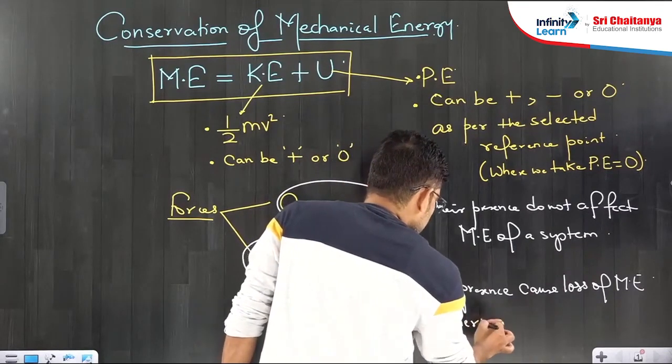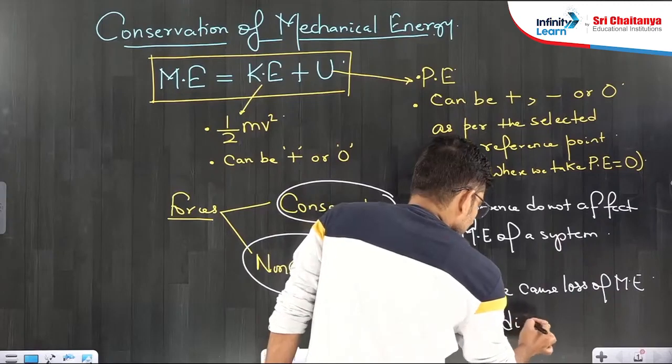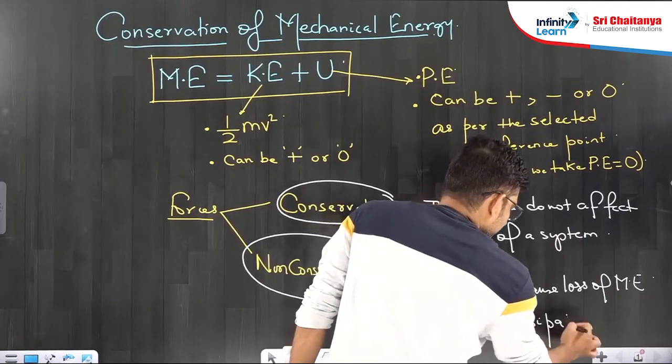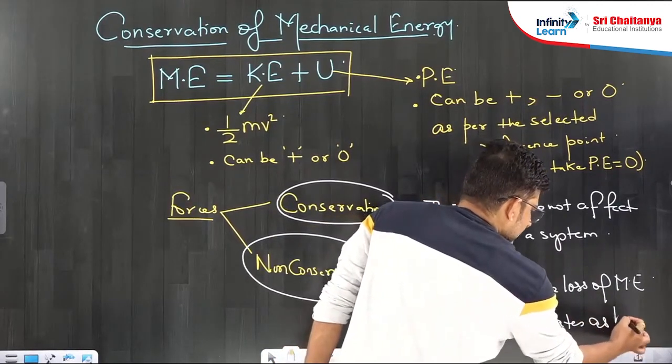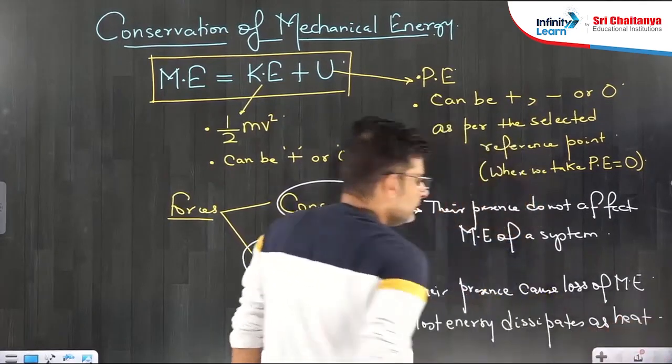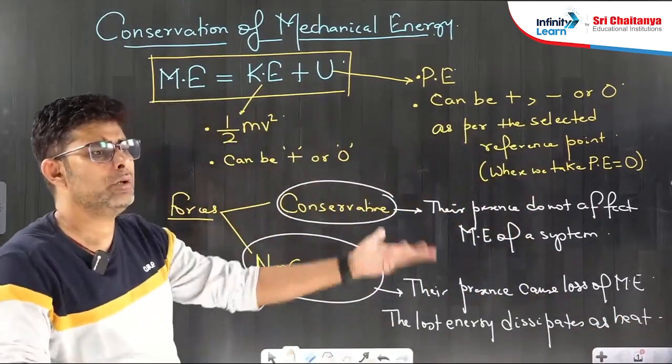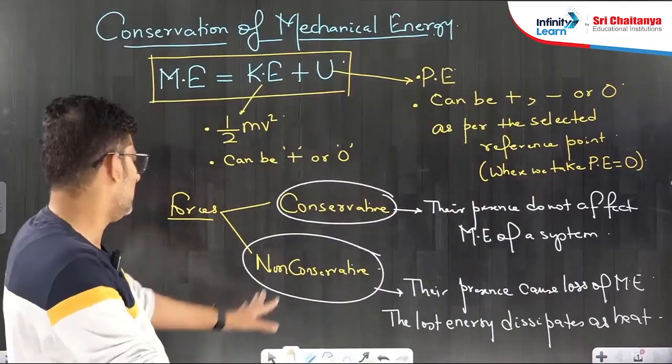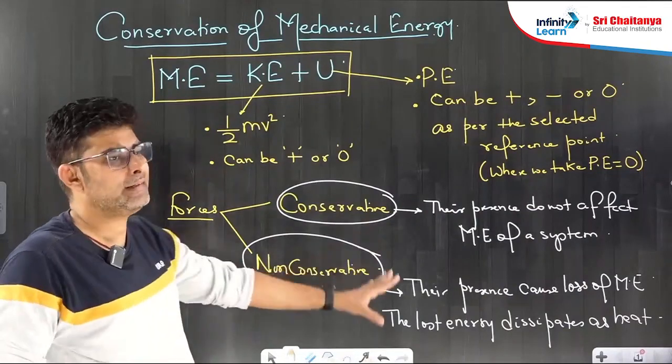The lost energy dissipates generally as heat, and that heat may further be converted into light or sound or other forms, but we say that the lost energy dissipates as heat.